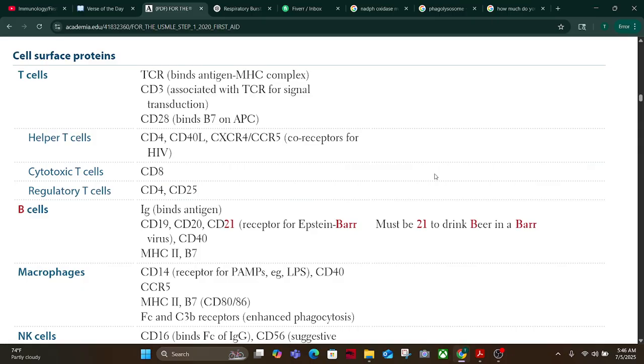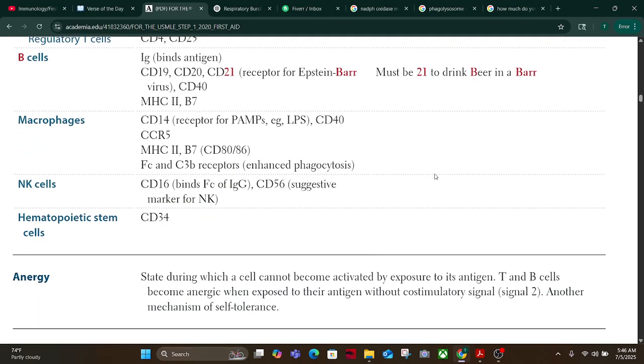Okay, next. Natural killer cells. Natural killer cells have CD16 on them. This binds Fc region of IgG. Natural killer cells also have CD56 on them.